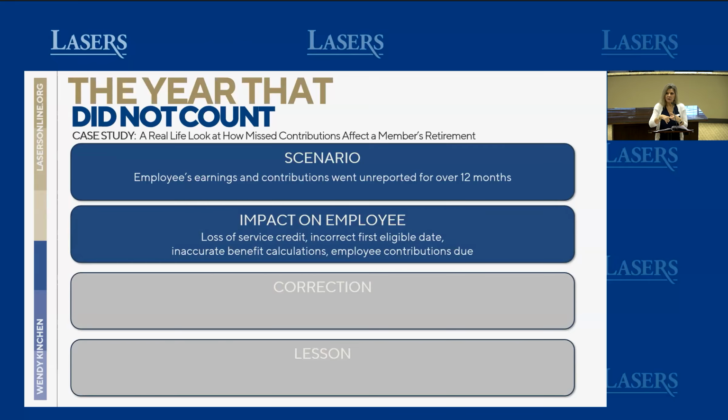It affected that employee's first eligible date for retirement. It affected the calculation of their benefit. It also affected their contributions because there were no contributions made for that 12 months. So now, are you going to ask the employee to go back and make those contributions? Even though it's the error that you made and you're going to have to correct it, it has a big impact on that employee.